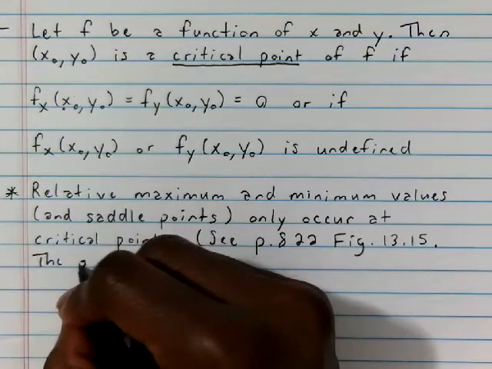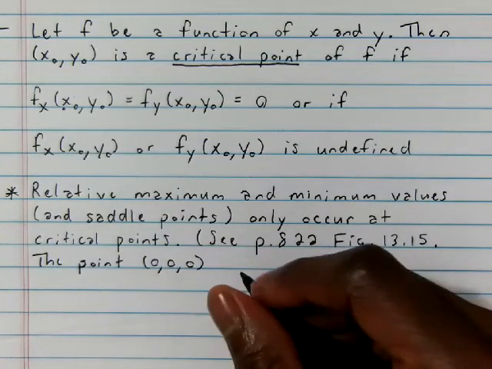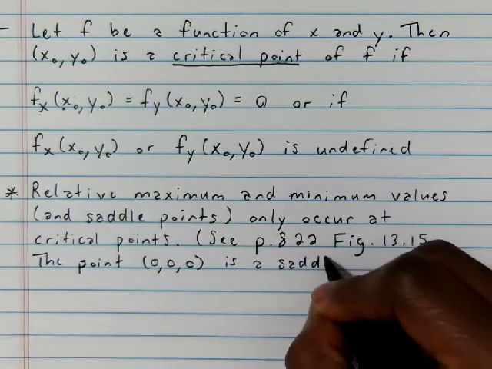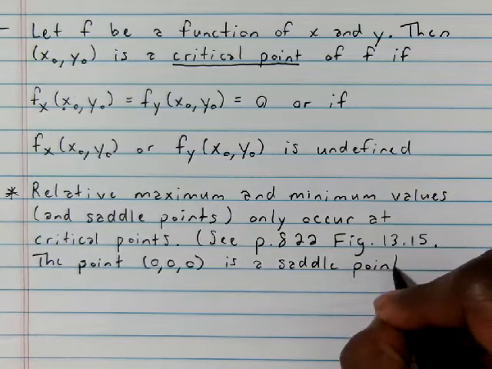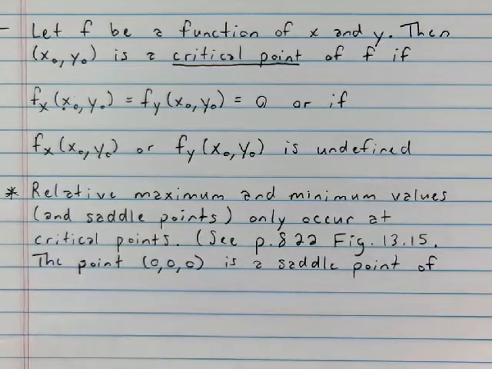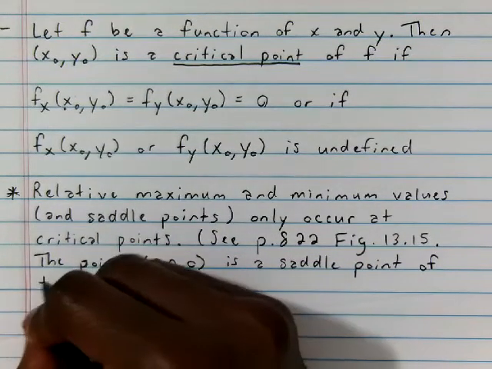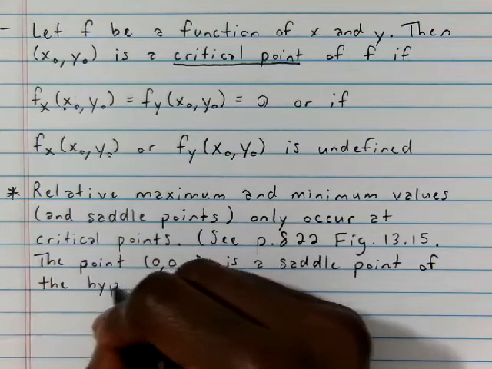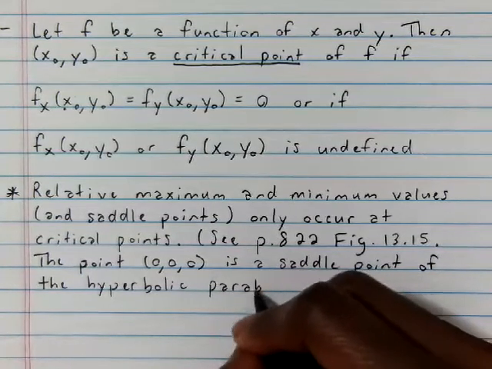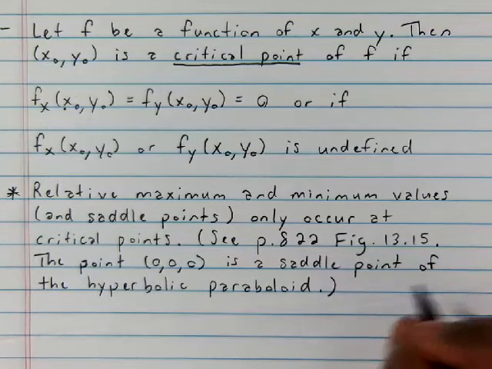The point (0, 0, 0) is a saddle point of the hyperbolic paraboloid, which is sometimes just called a saddle. And I'll also do an example where we'll see a saddle point as well.